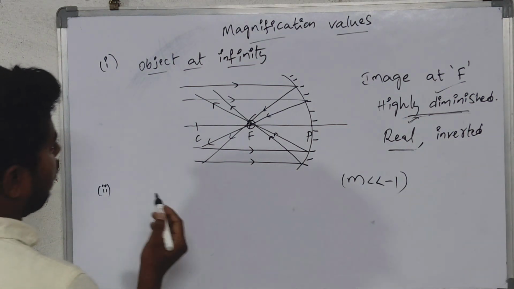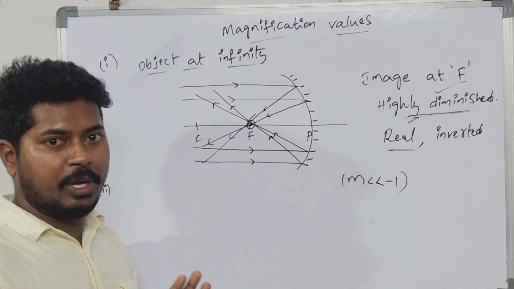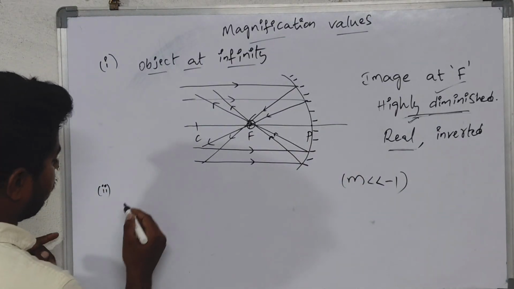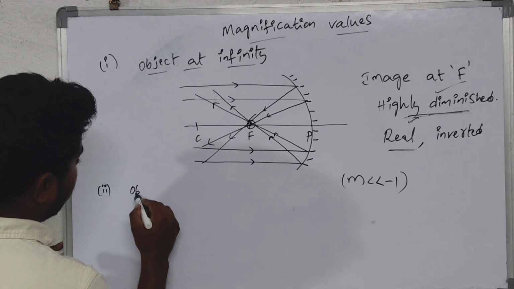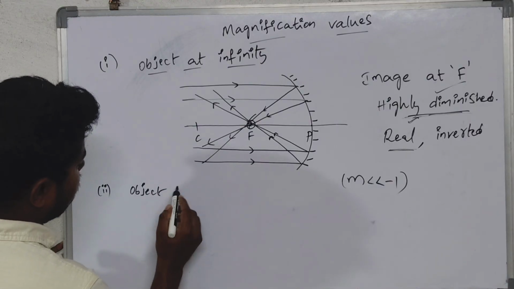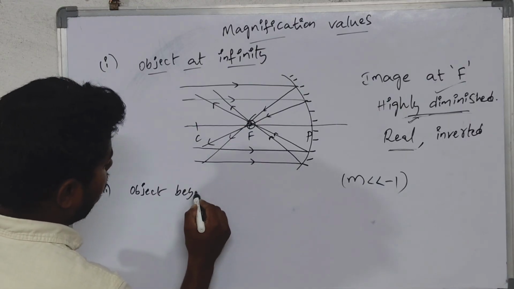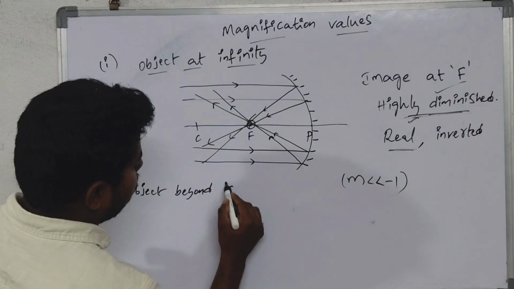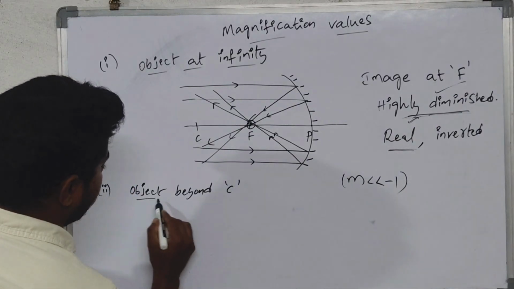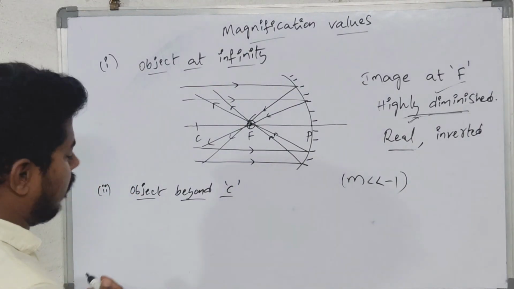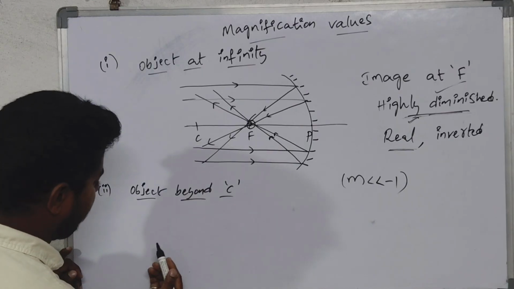Let us draw the second case. When the object is placed beyond the center of curvature, C. Let me draw the ray diagram.